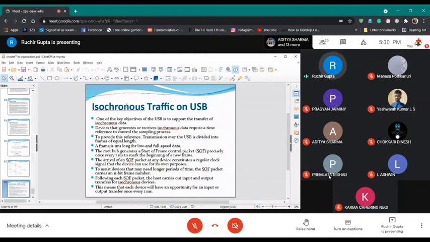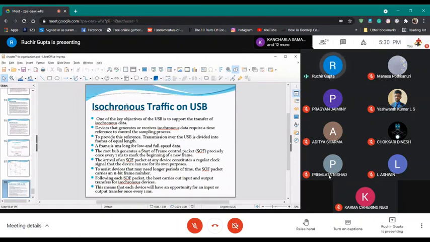Devices that generate or receive isochronous data require a time reference, as I have already said. USB is divided into frames of equal length, and if a packet does not arrive in time, it will be dropped.